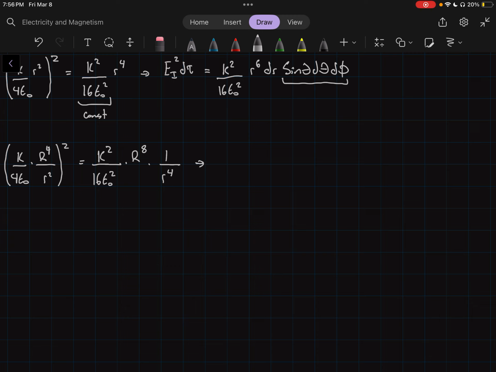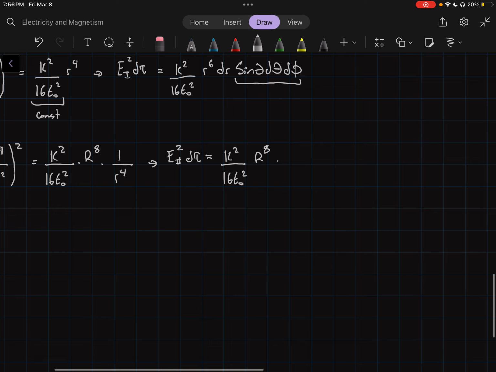So then E2 squared d tau is equal to k squared over 16 epsilon naught squared times big R to the 8th times 1 over r squared, because the r squared that comes from that d tau will cancel with the r squared on the bottom. 1 over r squared dr sine theta d theta d phi.